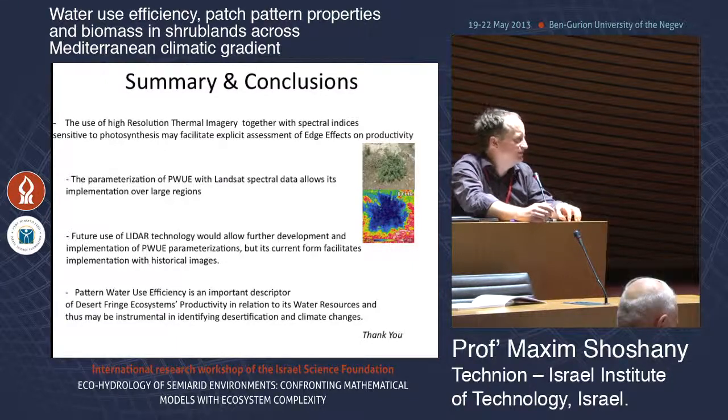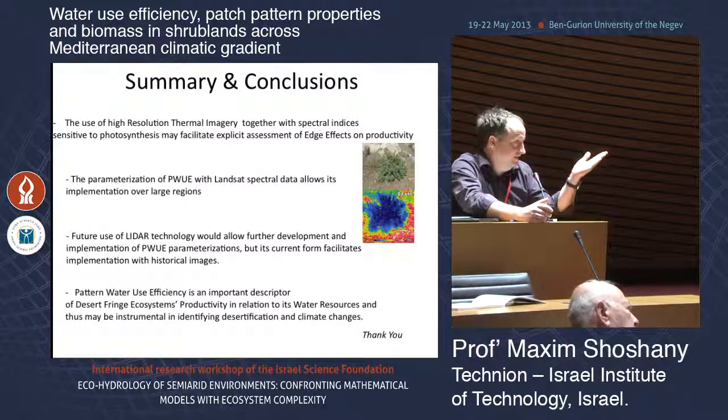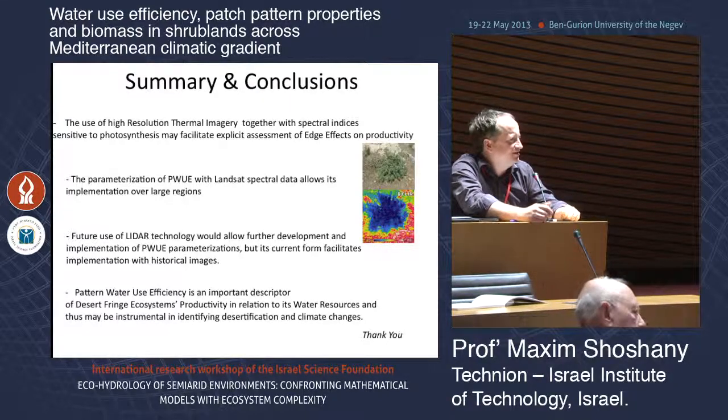So how much the center of a patch is suffering, how advantageous or not it is to be on the edge. So I wonder if this shouldn't or could not be included, because at the moment it doesn't seem to be included in your formulation.